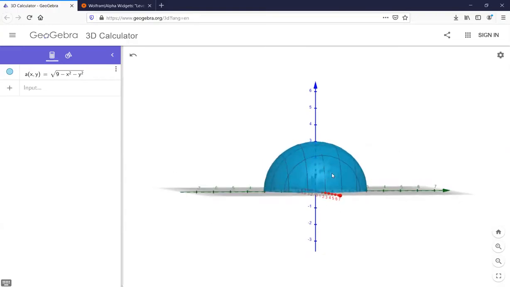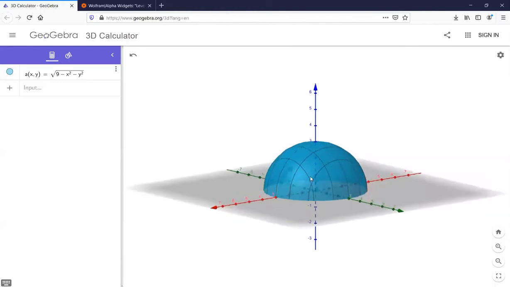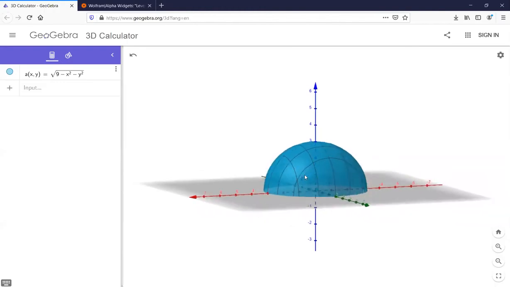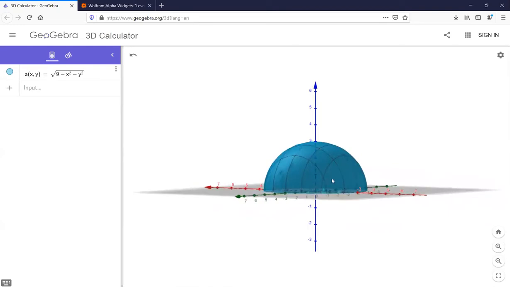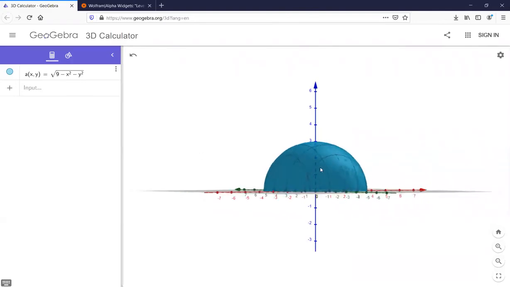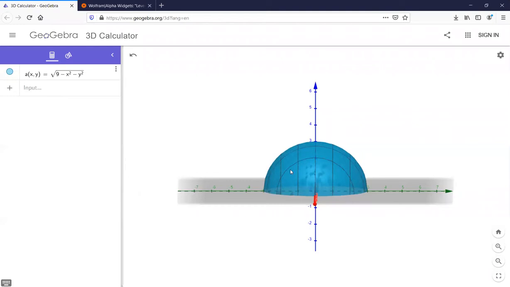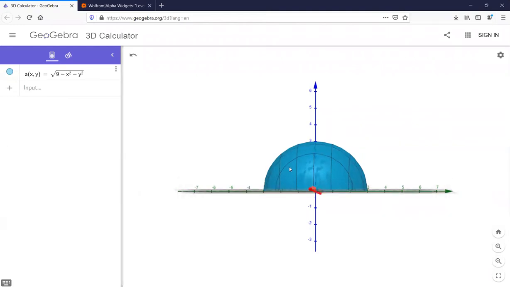Now let us take a look at slicing. If you slice this hemisphere with some planes that are parallel to the xy plane, level curves are just circles, concentric circles.